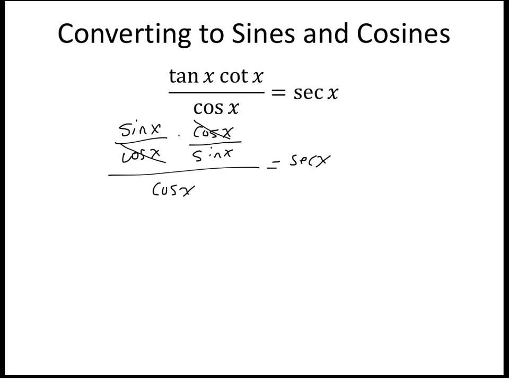We can see these all cancel out on top, so I'm left with 1 over cosine of x equals secant of x. And yes, we've kind of done this last part in a different problem, so secant x does equal secant of x, and we're done. Okay, so not all of these are tough.